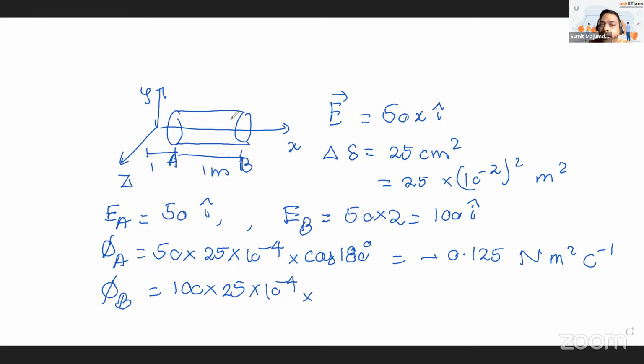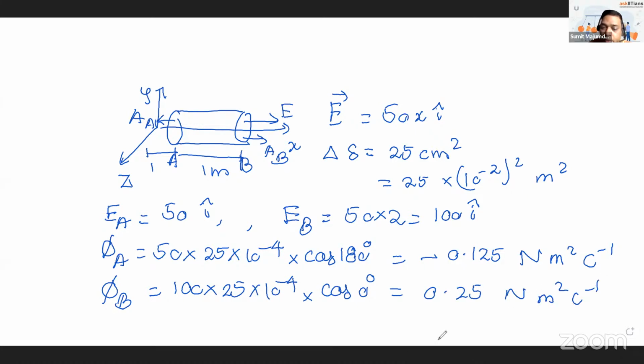Electric field is like this, and at this point the area vector is here, inclined at a direction of 180 degrees, right? So this will be cos 0 degrees. If this is cos 0 degrees, what will we get? This comes out to be 0.25 Newton meter square Coulomb inverse.